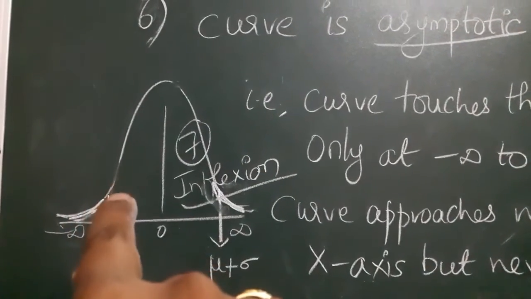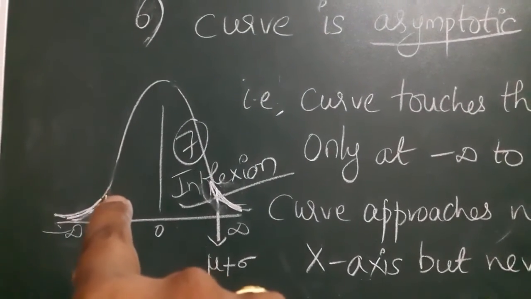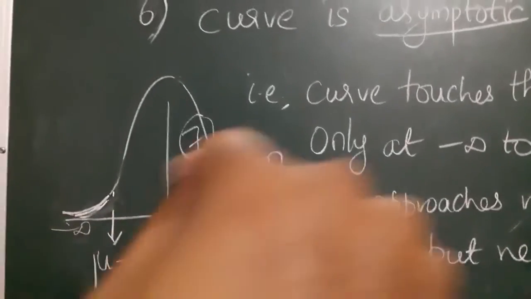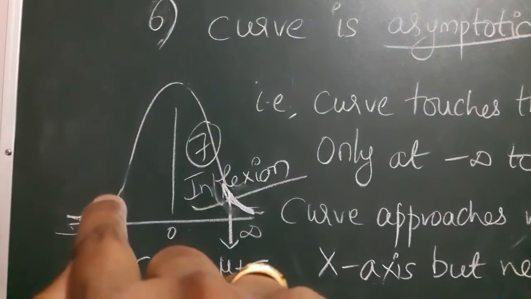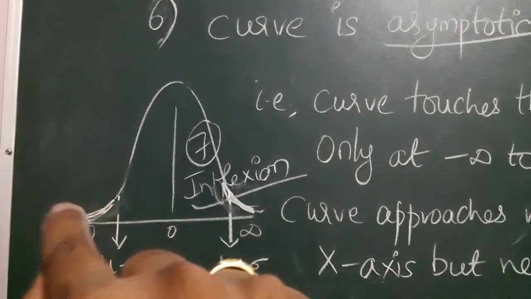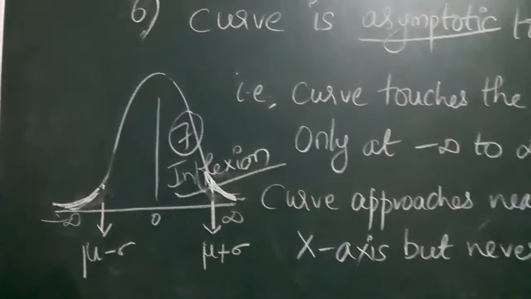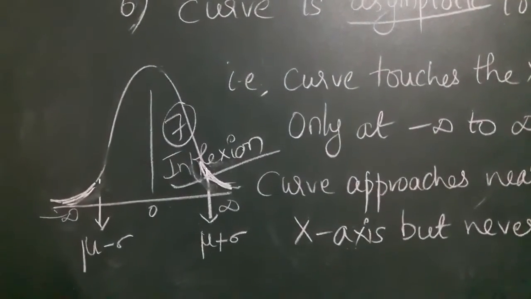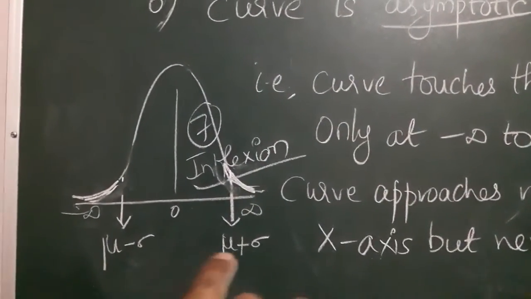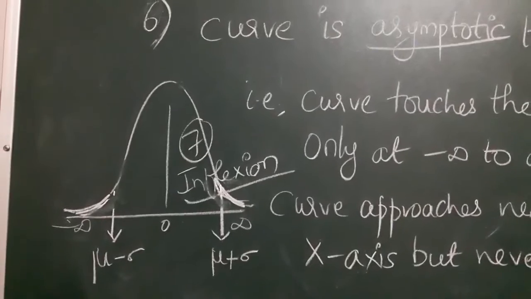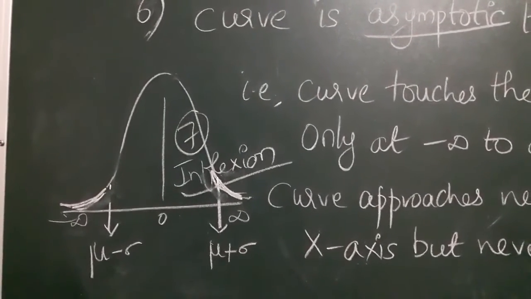Here also the curve comes till here, and then the curvature takes place towards minus infinity. These 2 points where the curve changes curvature we call points of inflection at mu minus sigma and mu plus sigma. So this is property number 7.